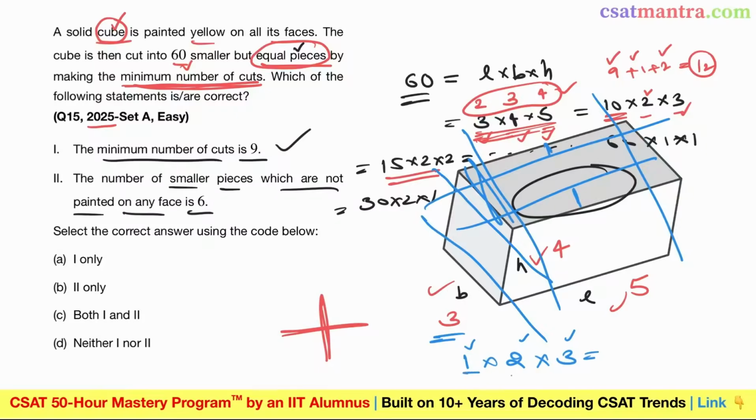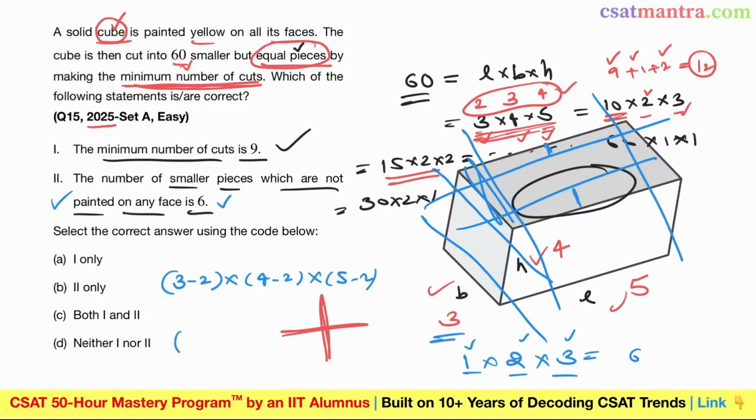So how many small pieces can you have with this? 1 into 2 into 3, so 6. Yes, we can have 6 small pieces which are not painted on any face. So this is also true. It's just that the inner volume would be 3 minus 2 into 4 minus 2 into 5 minus 2.